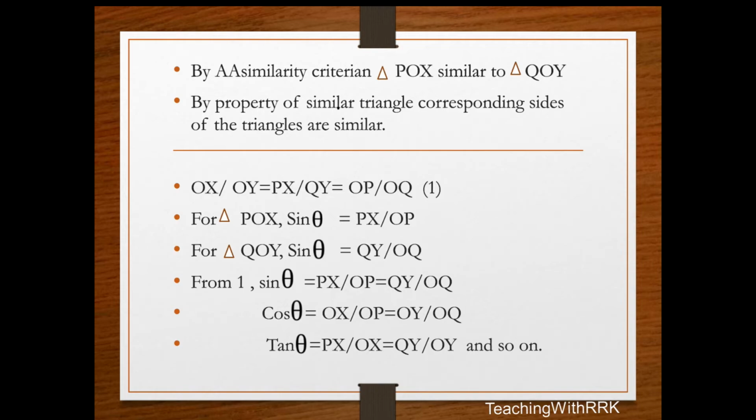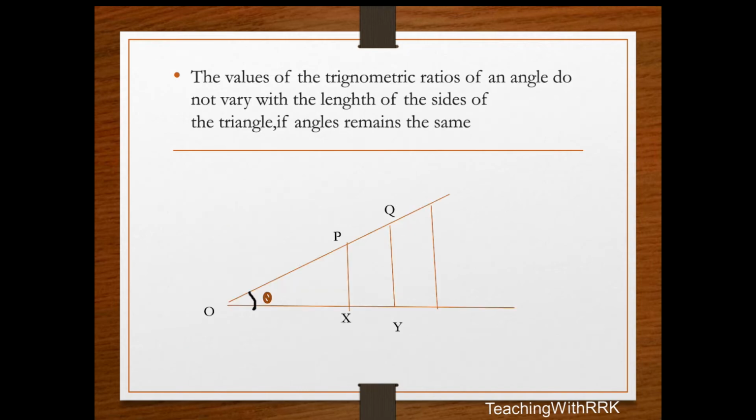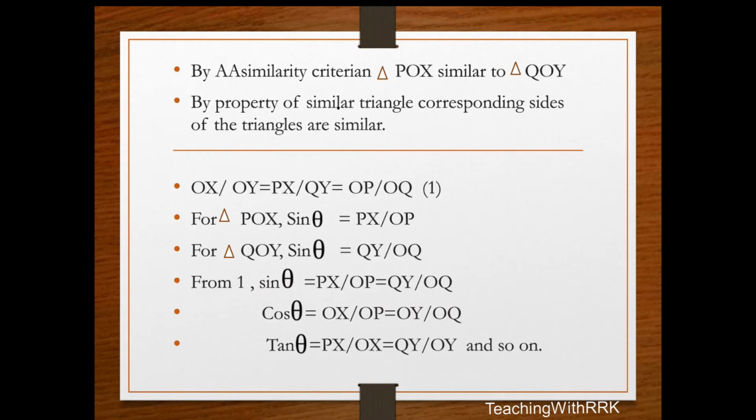Similarly, cos theta equals OX by OP equals OY by OQ. Cos theta is adjacent by hypotenuse. Tan theta is sin theta by cos theta, or opposite side by adjacent side. So PX by OX equals QY by OY, and so on.